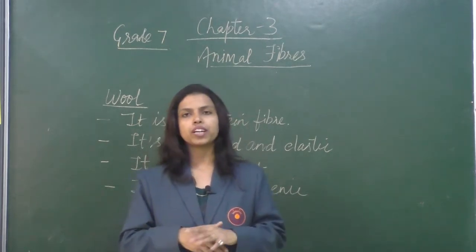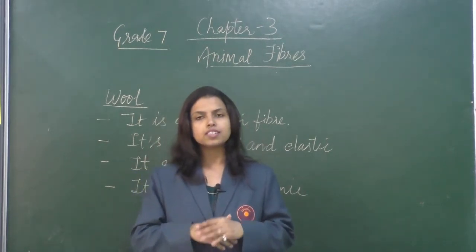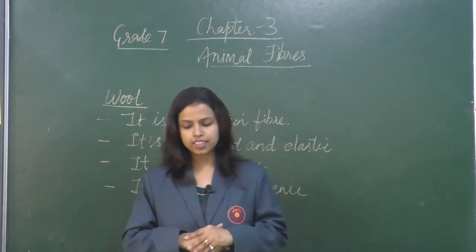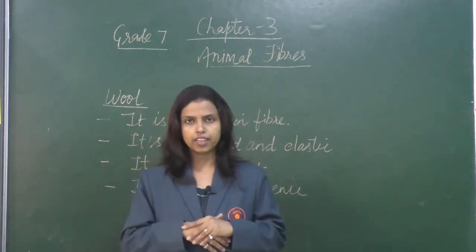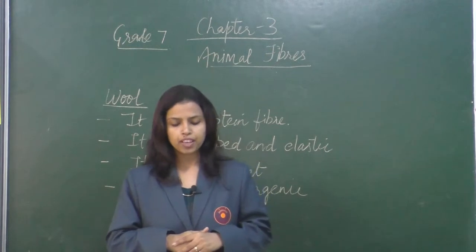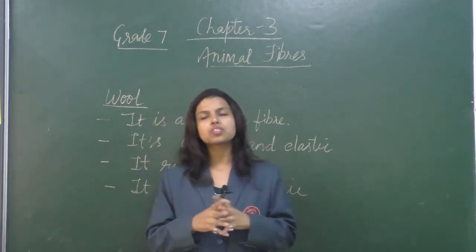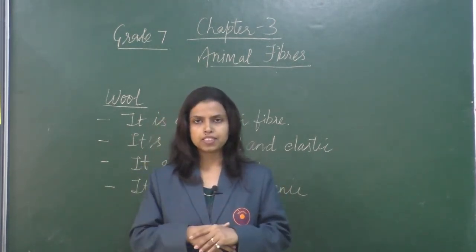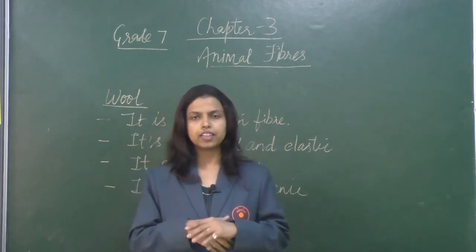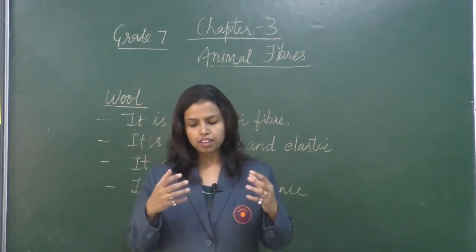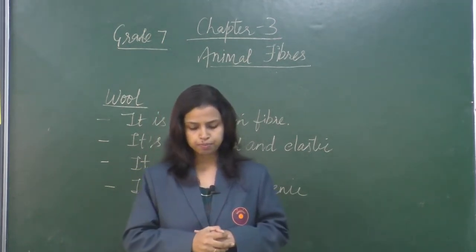Sheep has two types of fibers. One is the coarse beard and the second is the fine soft hair close to their skin. The coarse beard is used to make carpets, and the fine hair is used in making woolen clothes.